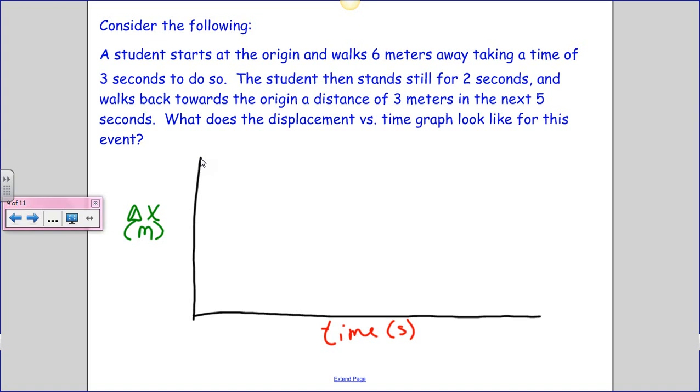Well, let's give us some tick marks here. And here, each tick mark will represent 1 meter. 1, 2, 3, 4, 5, 6, 7, 8.